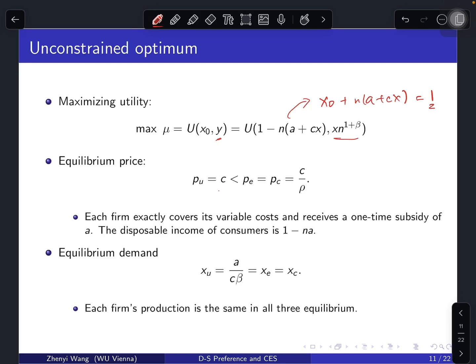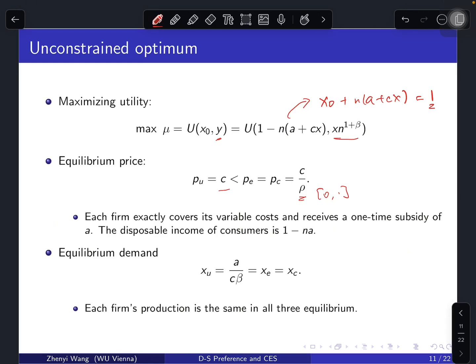And from the first order condition of the maximization problem, we get the equilibrium price. Again, here the equilibrium price under the unconstrained optimum equals rho C. It's smaller than the equilibrium price under the constrained optimum and the market equilibrium, because here rho is between 0 and 1.